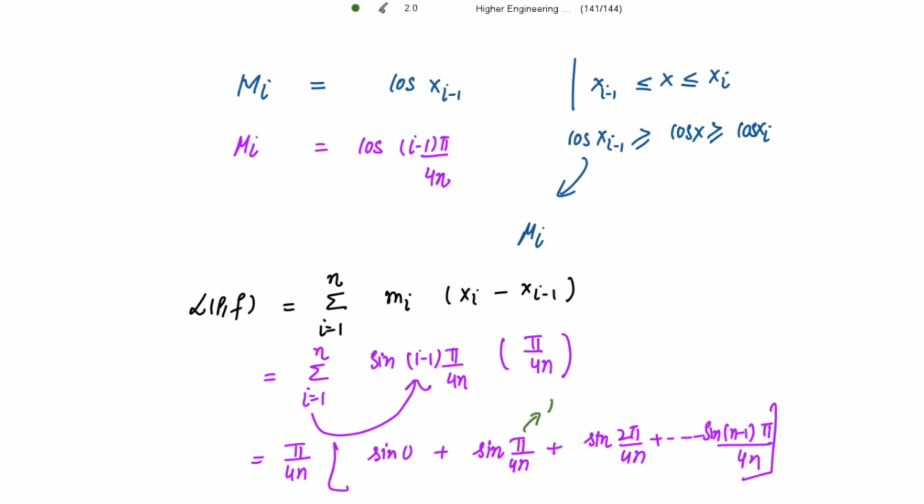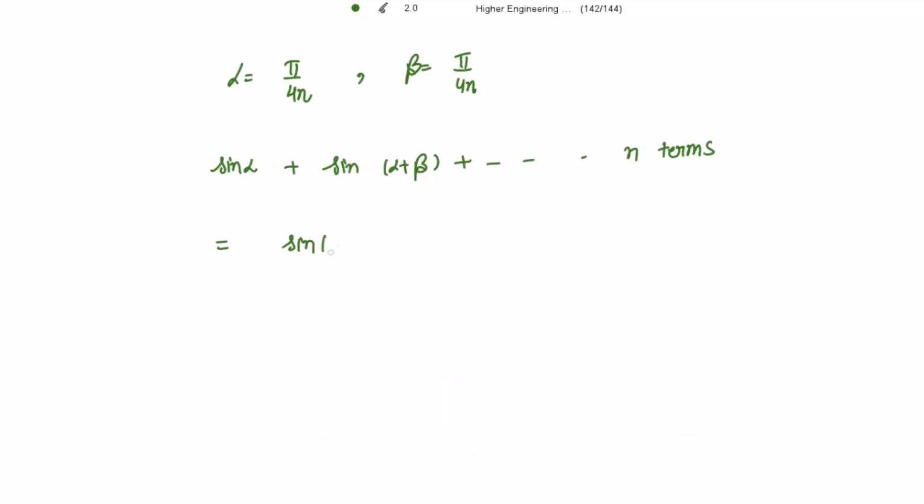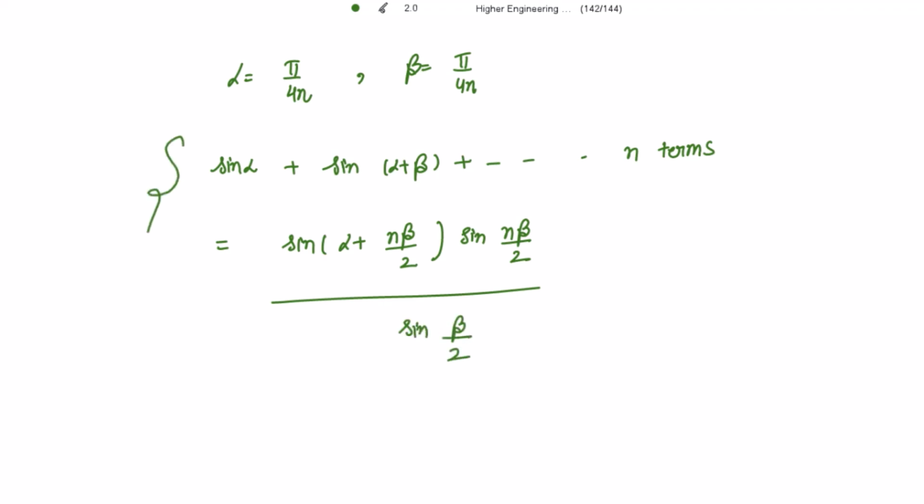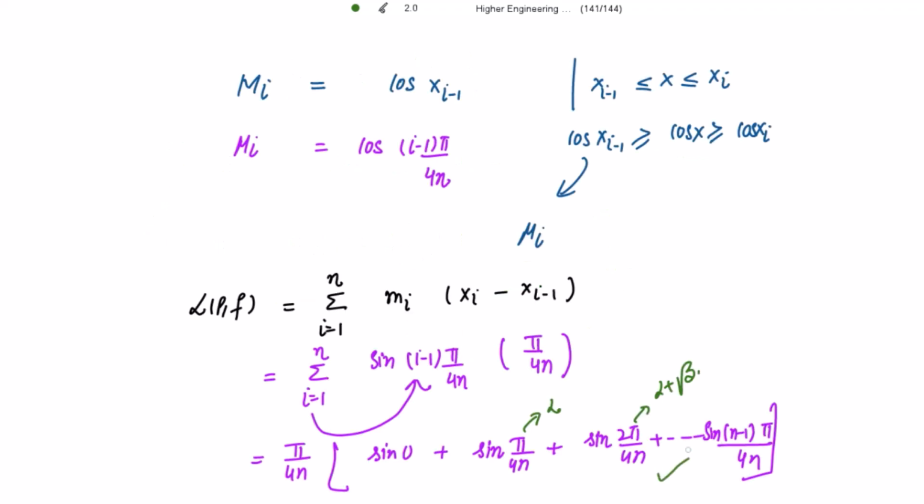If I take this to be alpha and this to be alpha plus beta, so alpha is pi by 4n and beta is again pi by 4n. The formula is sine of (alpha plus n beta) divided by 2 into sine of n beta divided by 2, divided by sine of beta divided by 2.